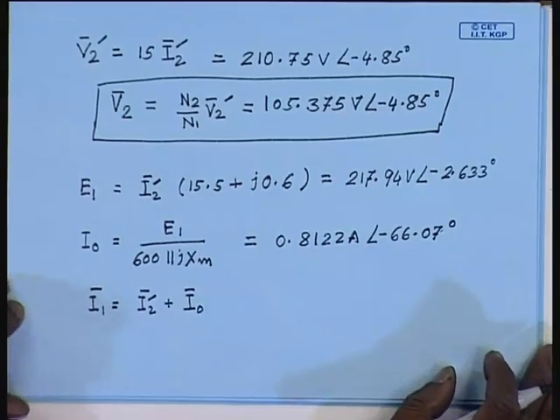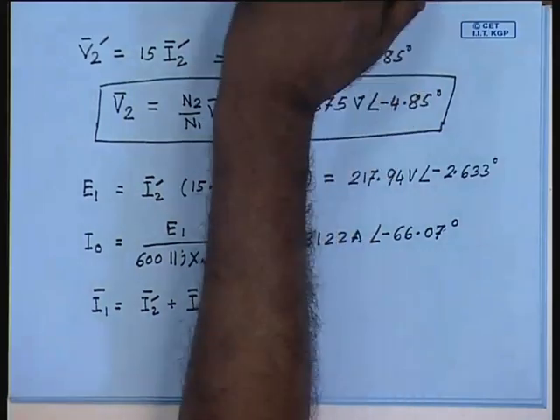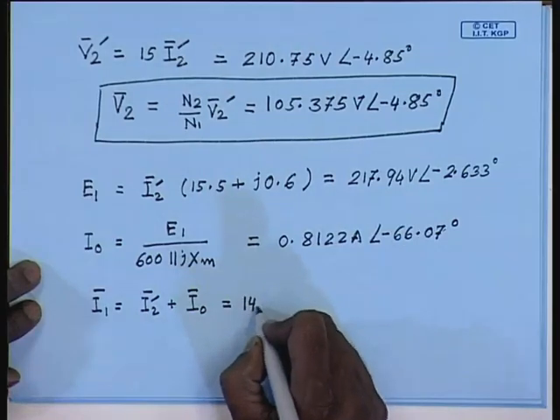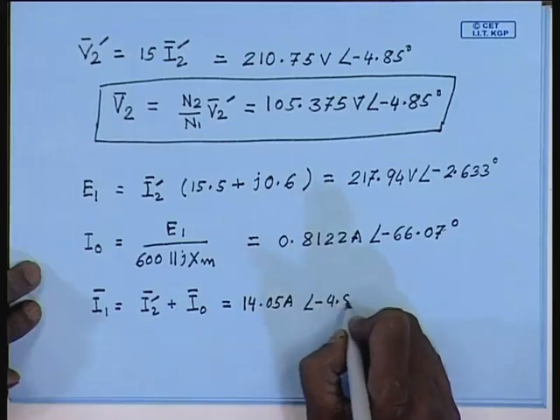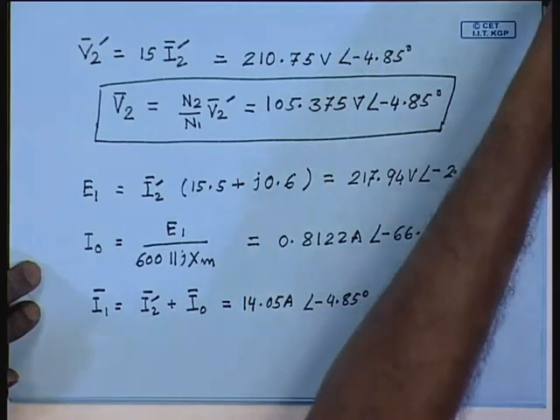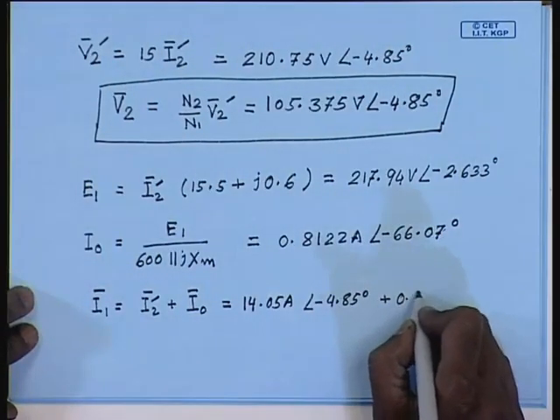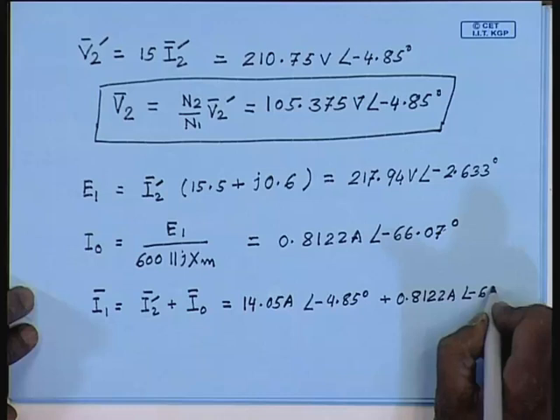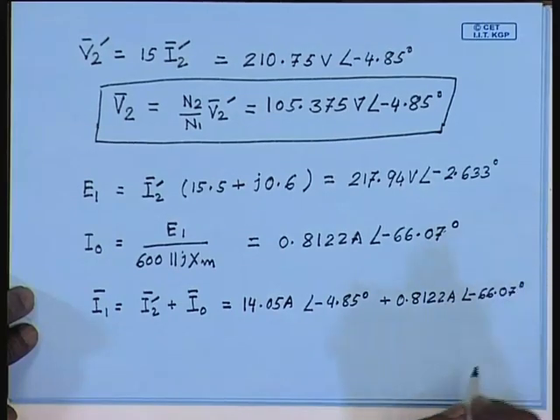That is, we have found out I2 dash to be 14.05 ampere angle minus 4.85 degrees and I0 to be 0.8122 ampere angle at minus 66.07 degrees.